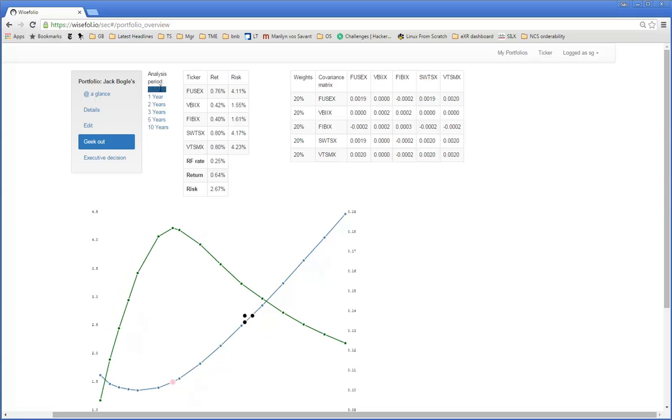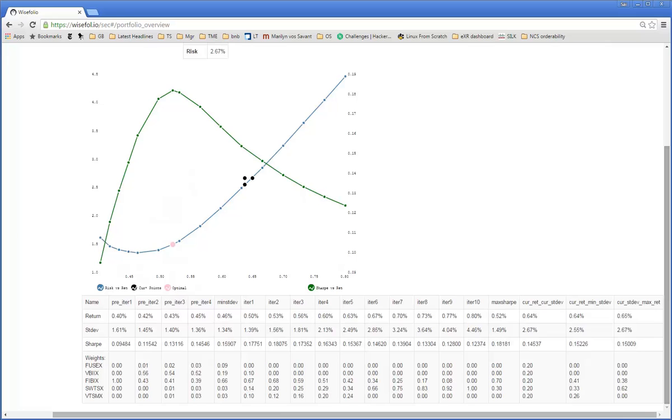Let me put it back into the lifetime time horizon and take stock of all the things that we learned now.